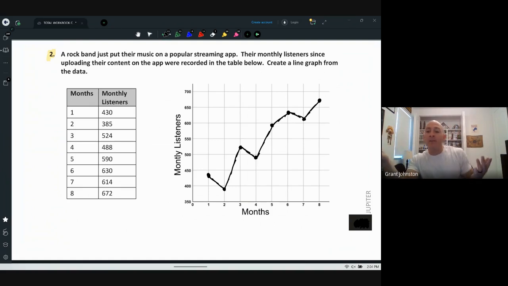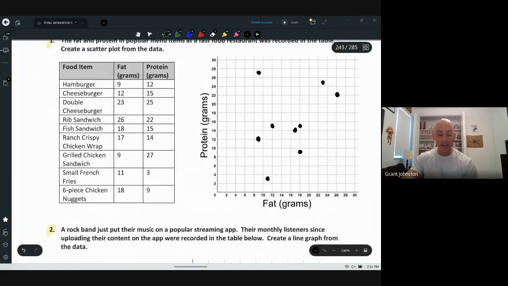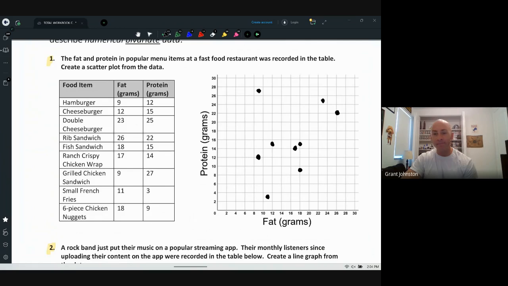And line graphs are better for this sort of data where you're looking at time. We're looking over time. I like to always think of it like if you were a business and you were trying to see your sales, right? You just see, okay, it's going up, down, up, down, up, like your sales over months. You want to see your growth. With scatter plots, when you have data like this, where you've got food items, it doesn't make any sense to connect these dots.